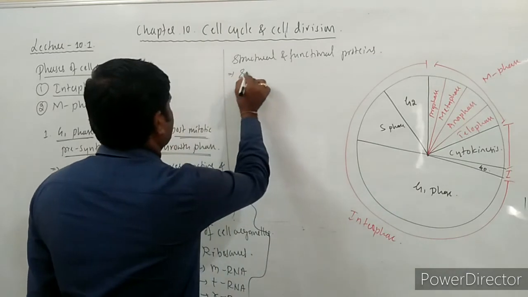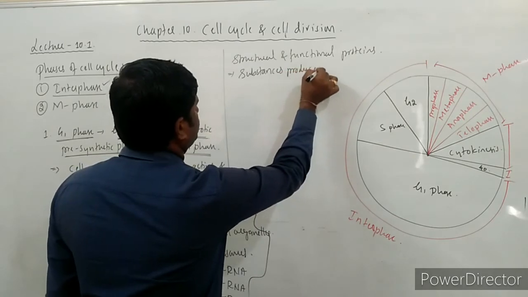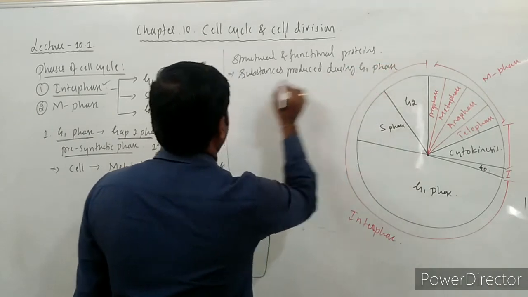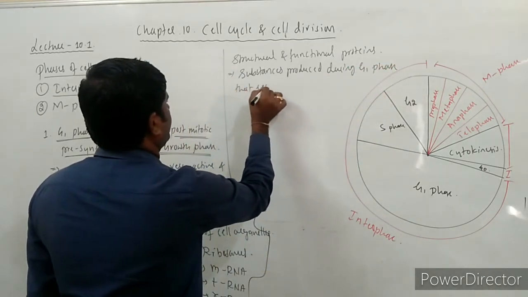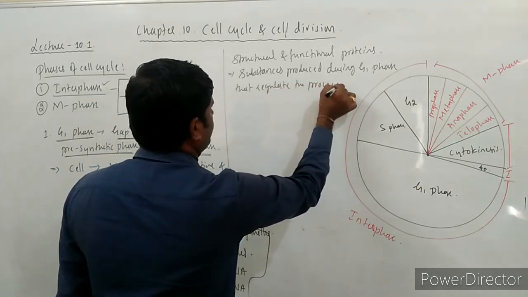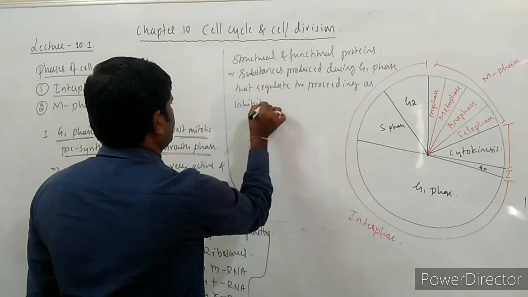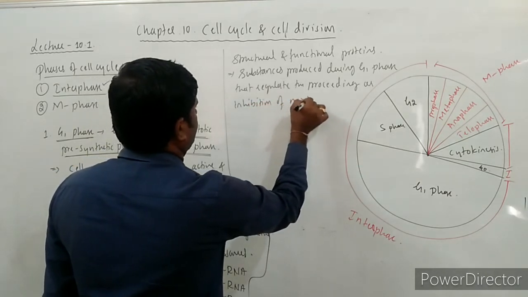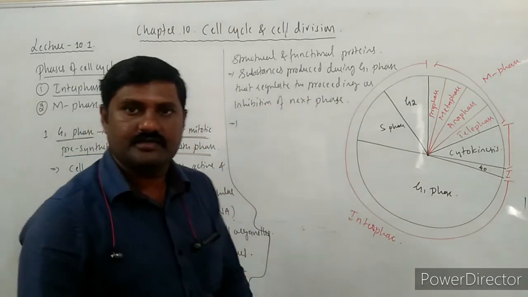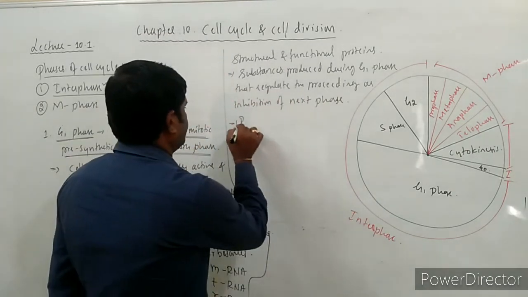So there are some substances produced during G1 phase so that regulate the proceeding or inhibition of the next phase, and such kind of regulatory proteins are there.